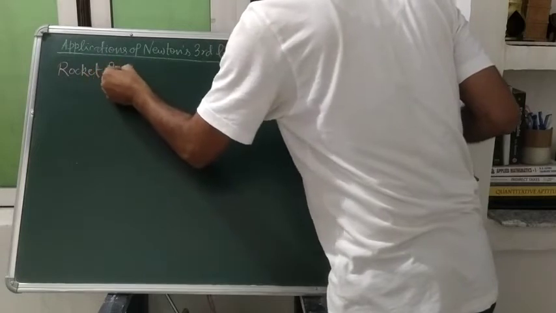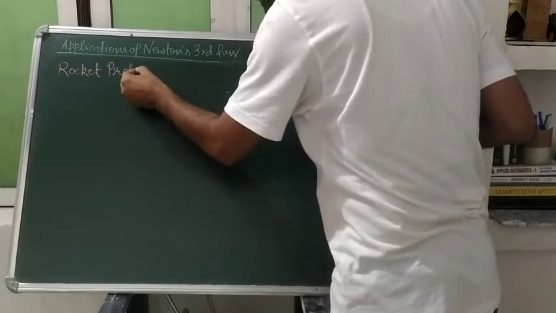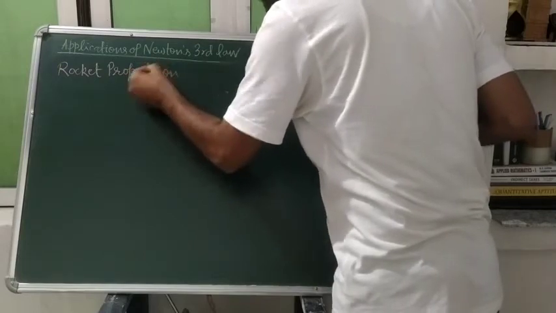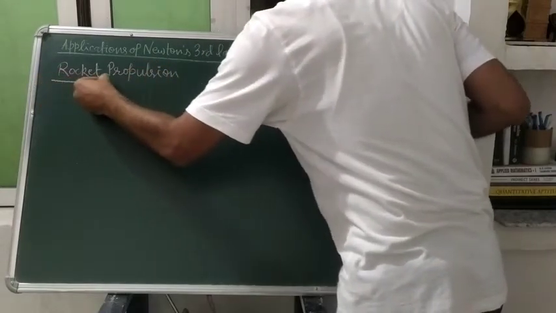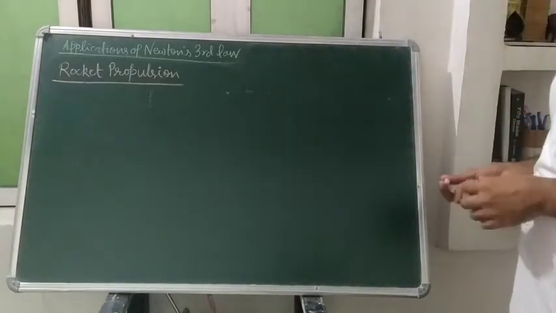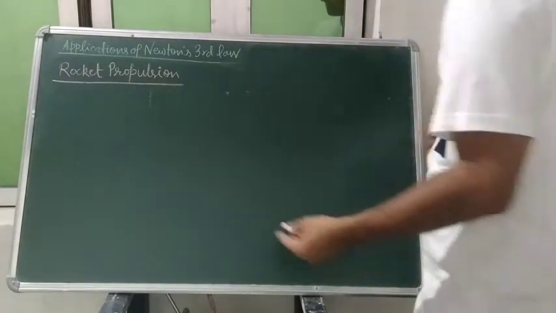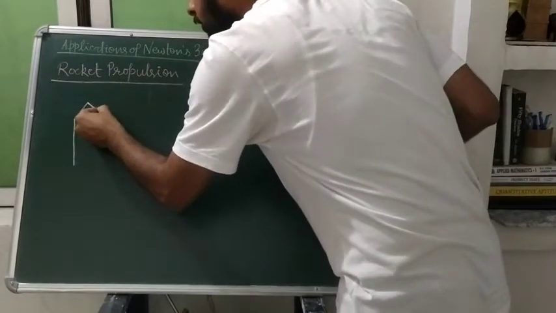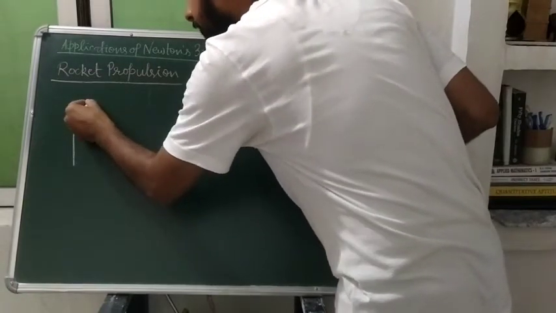You guys will have done the experiment of the rocket. I think you might have done that experiment in your class. So it is the rocket we are seeing here.